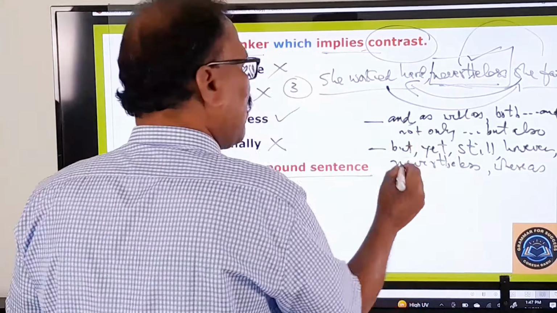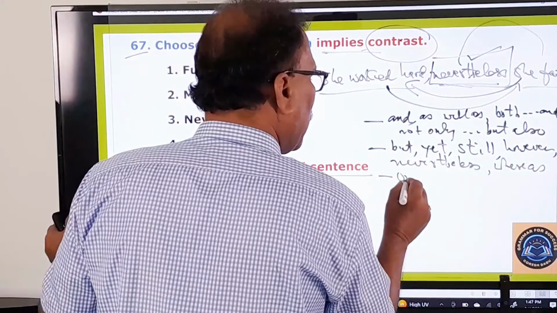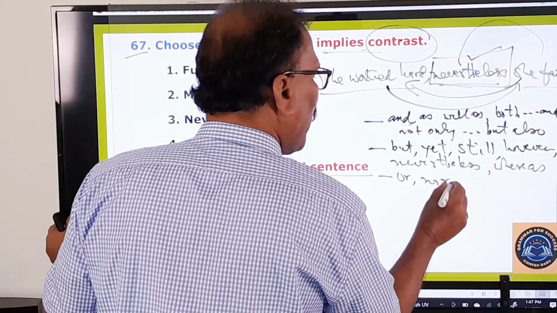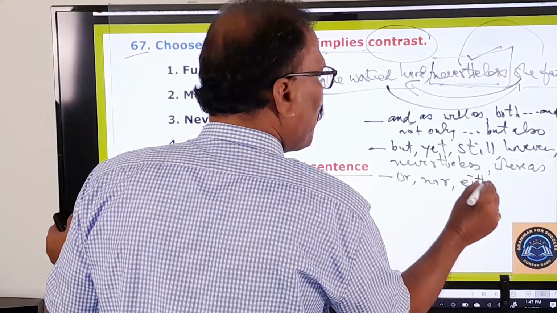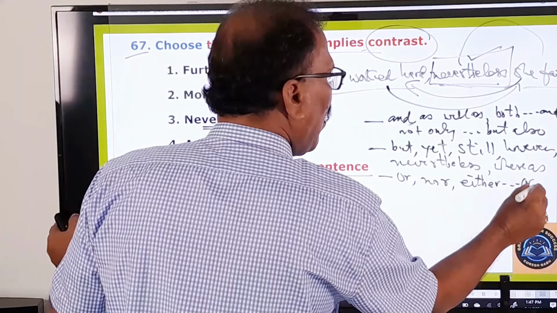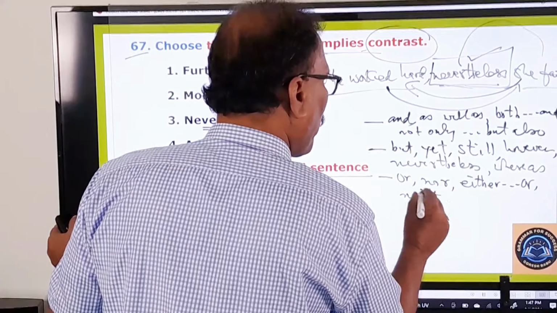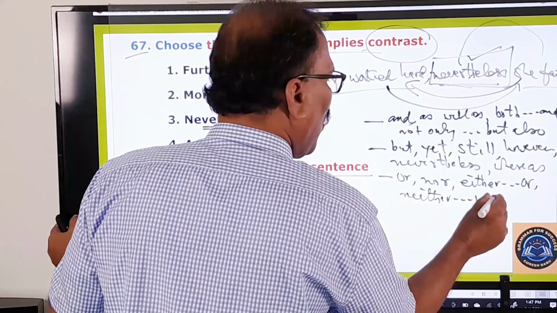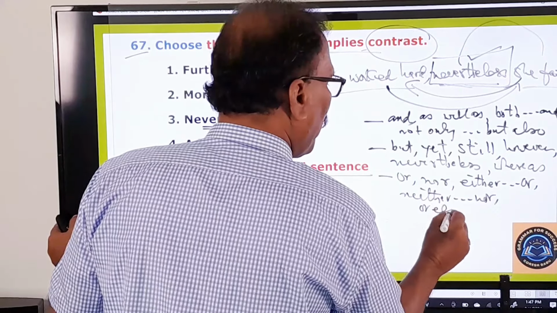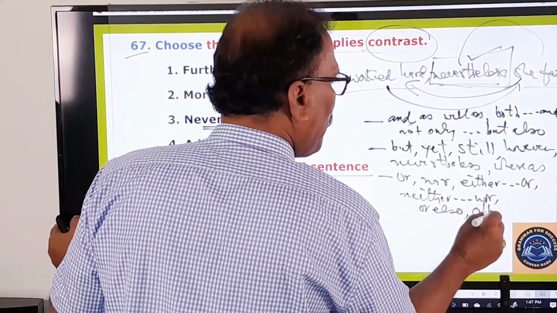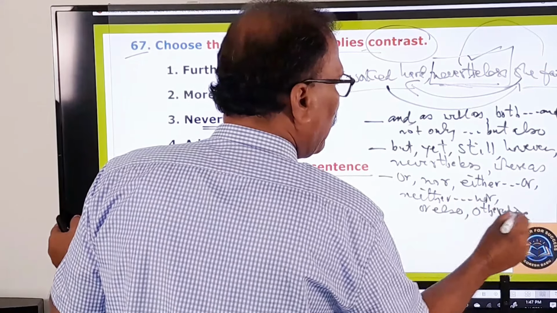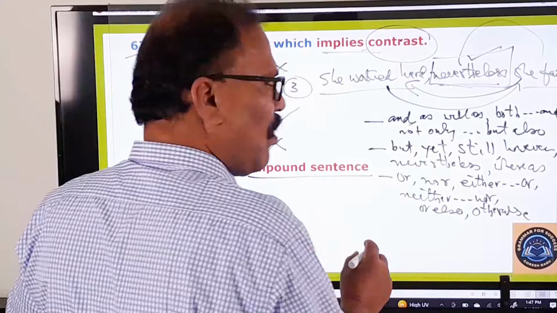These are another set of coordinating conjunctions. Next: or, nor, either or, neither nor, or else, otherwise. These are another set of coordinating conjunctions.